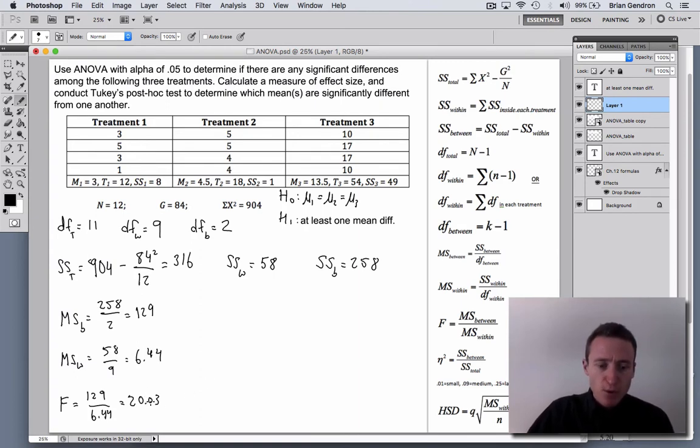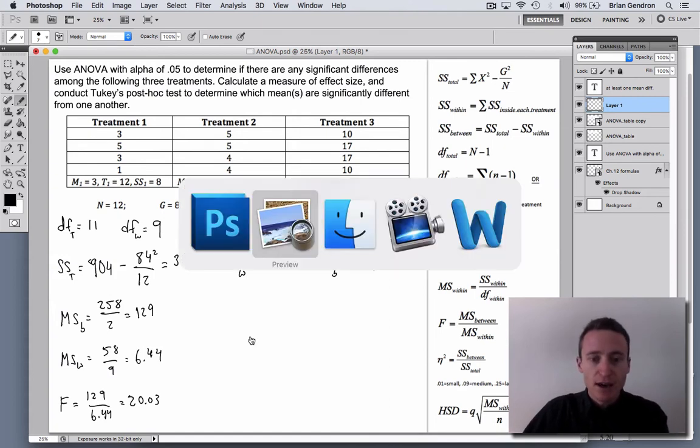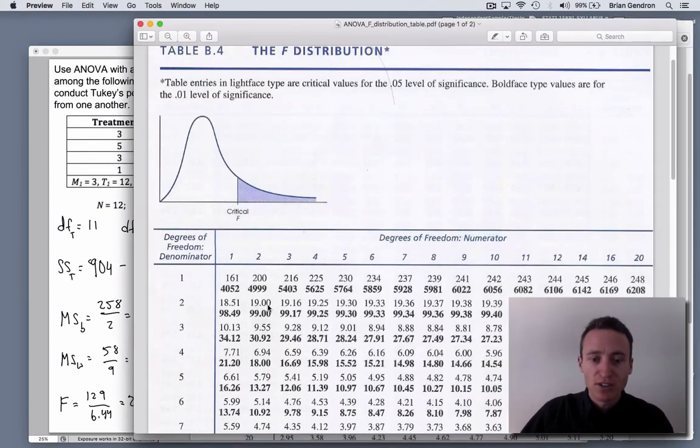Now, 20.03 is a very large test statistic, but we always have to compare our test statistic to a critical value of, in this case, F. And so we need to go to the ANOVA table, which looks like this.